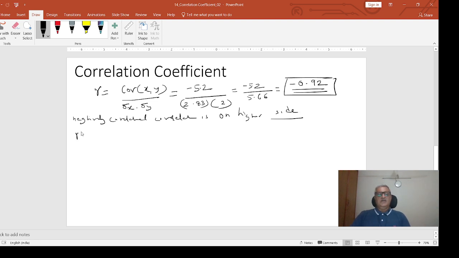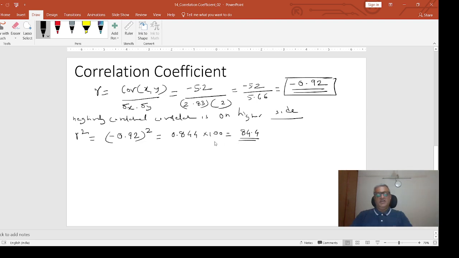Now let's calculate R square. R square is equal to minus 0.92 square, so that gives me approximately 0.844. If I multiply it by 100, it gives me 84.4.